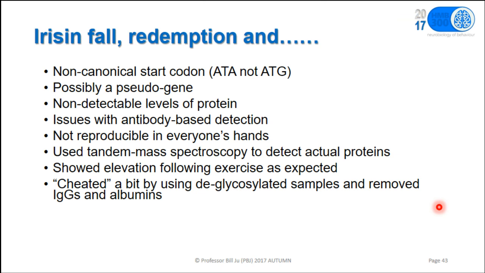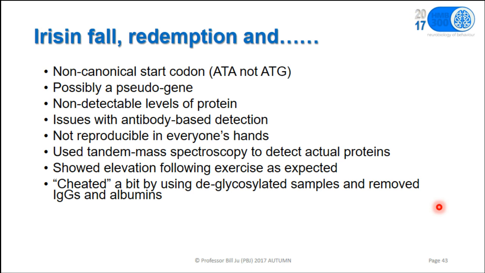So this is that issue with the antibody-based detection. When they went in, they couldn't detect any irisin in their samples. So that was a big issue for them. How could you possibly detect irisin, since we can't, following your own protocols? It was not reproducible. People just couldn't get the same results as Bruce Spiegelman's lab did.